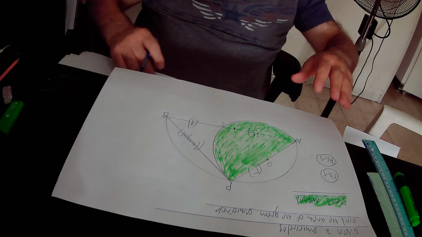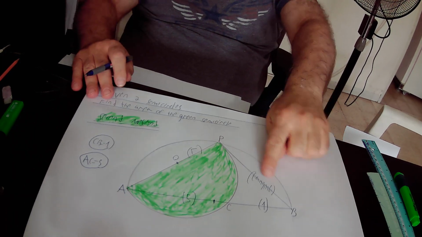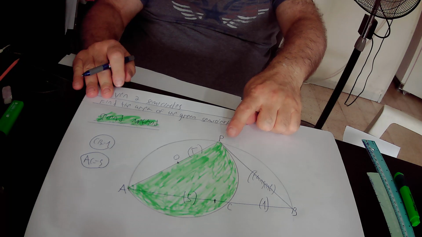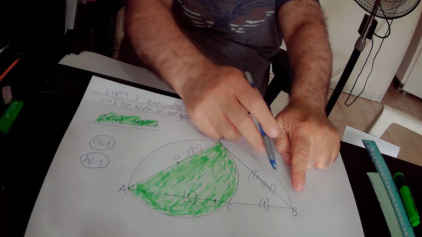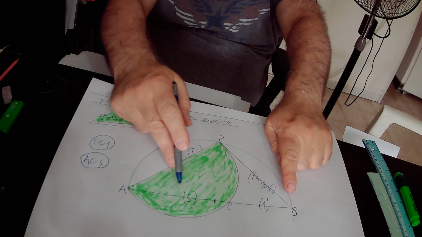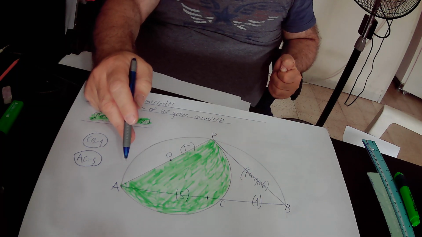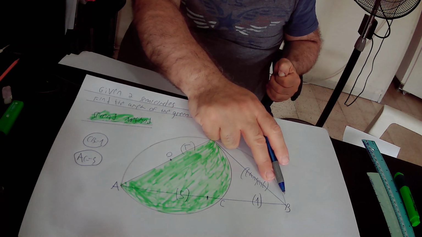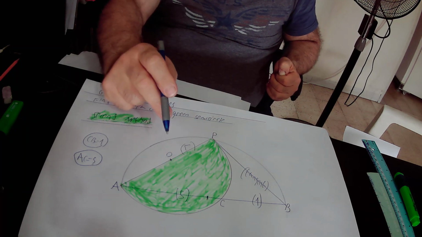Why? Because in our drawing, from the common external point B, we have tangent BP to the green semicircle at point P, and from the same common external point B, we drew a straight line until it cuts the circle at two points, A and C, creating chord AC.